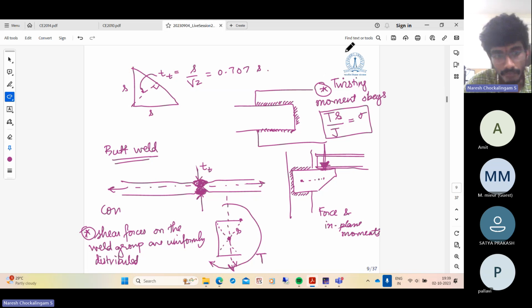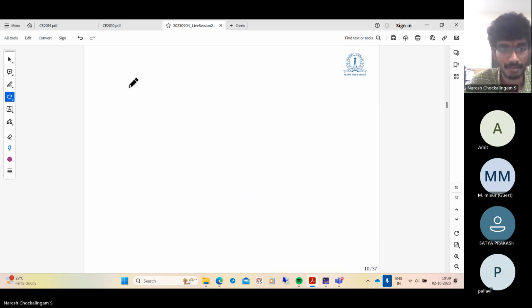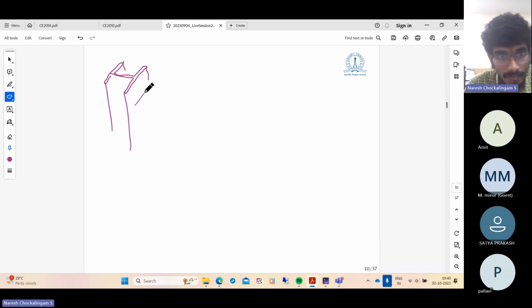We can also have out-of-plane eccentric loading, which is the case with beam columns. So let me draw. Suppose this is a column, and this can be a beam which is welded to the column itself.